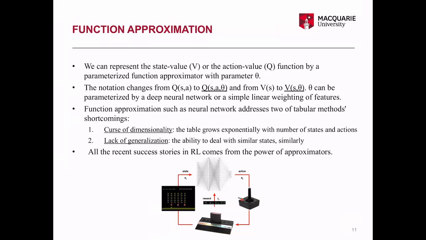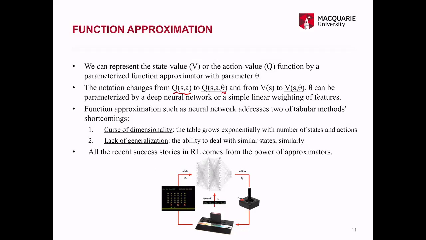We can represent the state value or action value function by a parameterized function approximator, and this is how we change the notation. You remember that in tabular methods, Q of S and A was represented with this. Now we add theta here, or W, it can be theta or W, it doesn't matter. It just represents the weights of our linear function or our neural network.